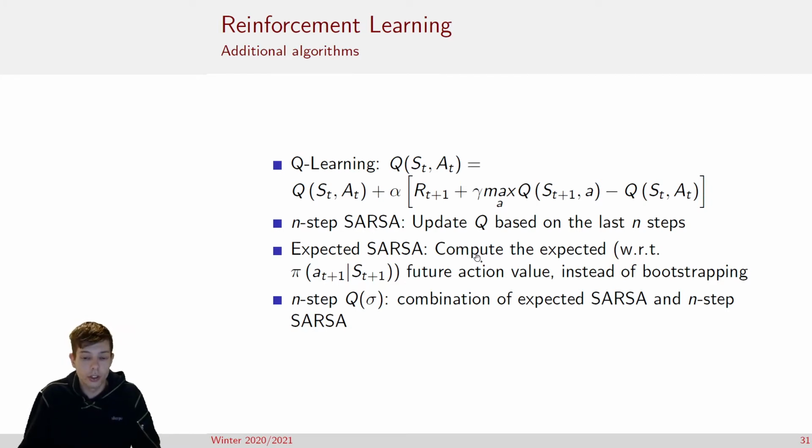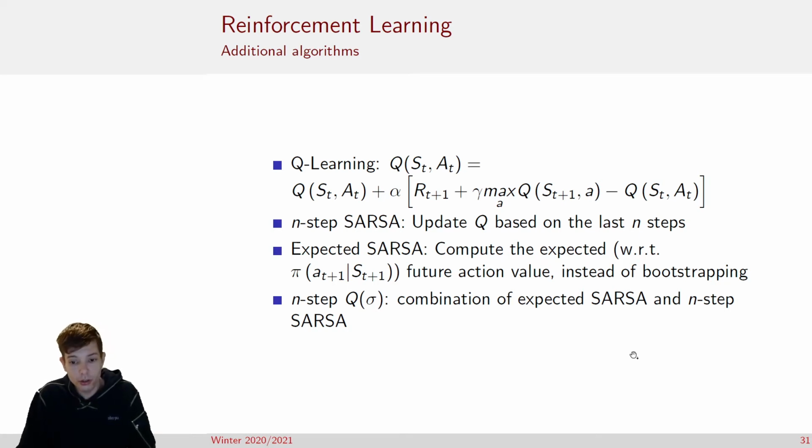And instead of using the actual realized action value tomorrow, we can work with the expected action value function. This is the expected SARSA approach. So a bit more stable, a bit more using expectations instead of every time just a single observation or realization. But of course, depending on the scenario, this is more computationally intense.